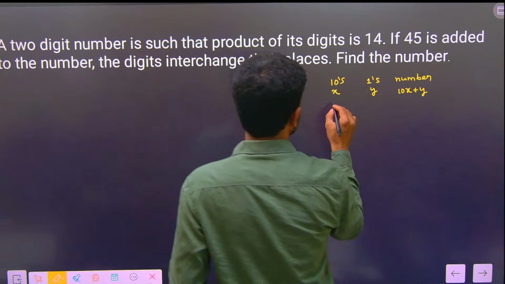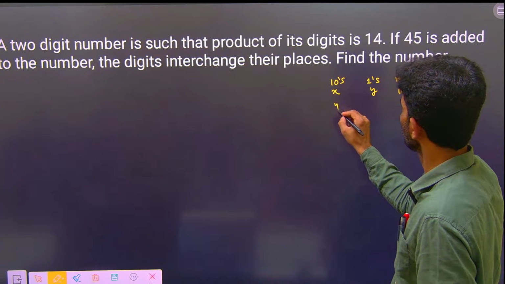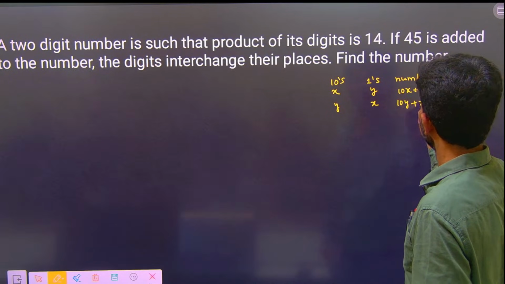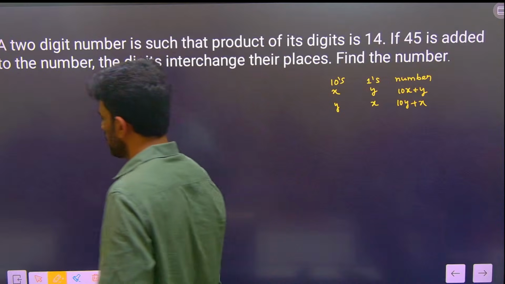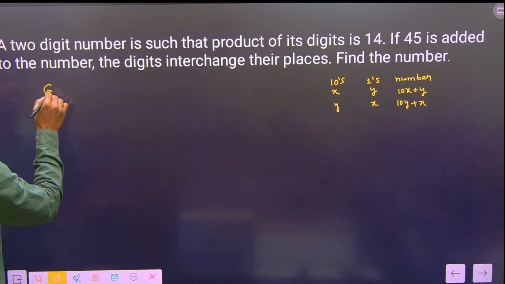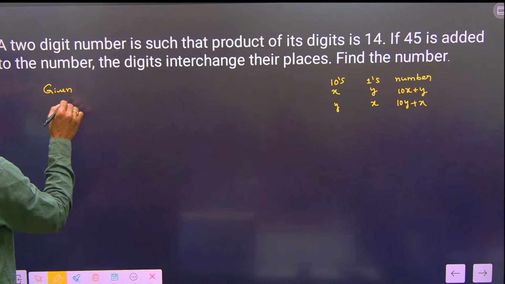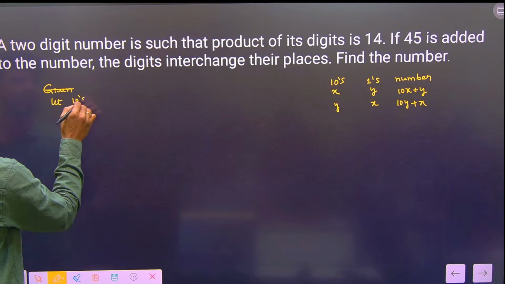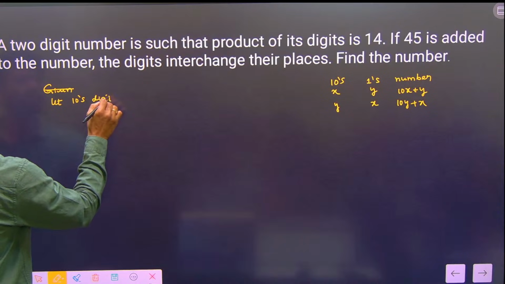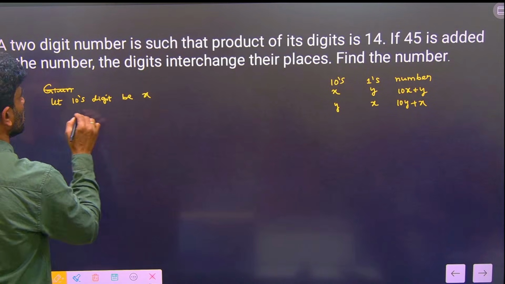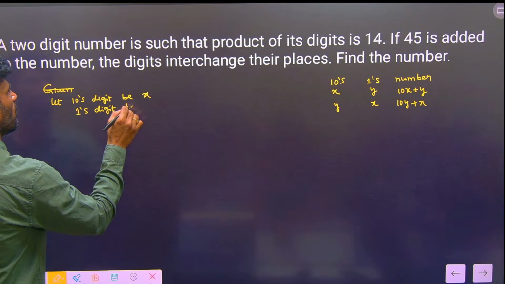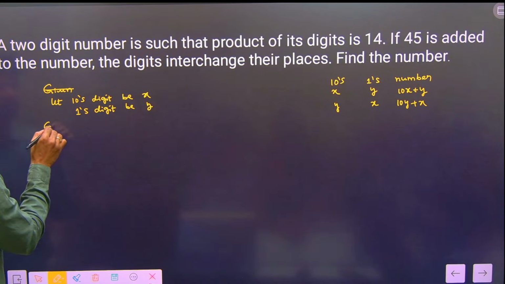After reversing the digits, tens place y, ones place x, number is 10y plus x. Write this first. After that, given, we can write here first, let tens digit be x, ones digit be y.